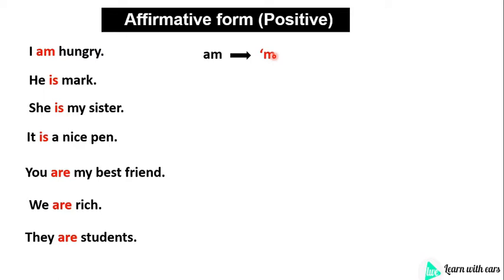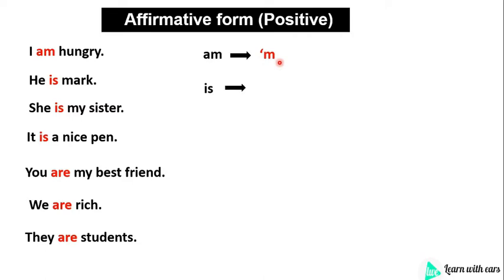Okay? So this is what's left over. The beginning part is missing. A is missing. Okay? When something is missing, we put an apostrophe. So am becomes apostrophe m.